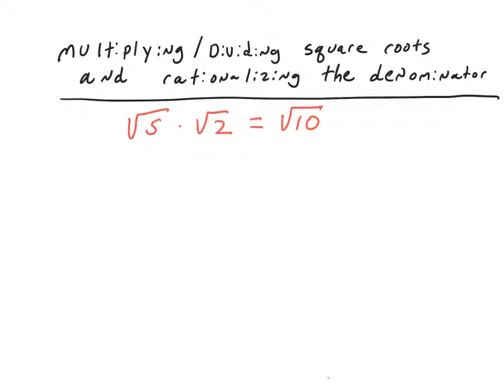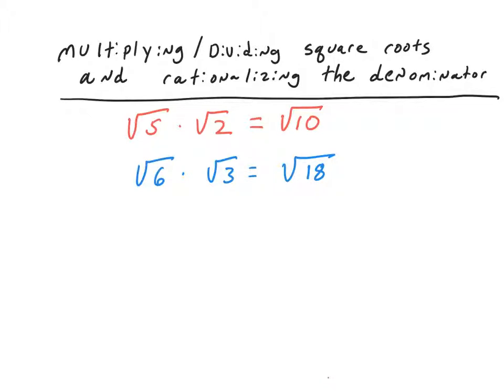All right, so let's try a different one. Let's do square root of 6 times square root of 3. All right, so there's nothing on the outside, so it's going to be nothing in our answer. And then we have 6 times 3 on the inside, which is going to be 18. So we get square root of 18. But wait a minute, 18 we can simplify.